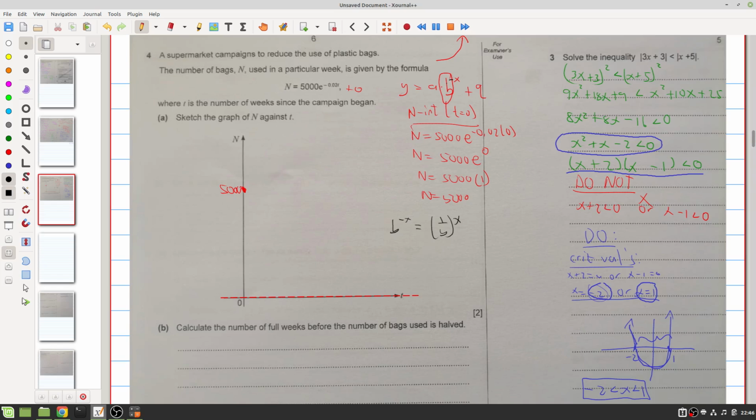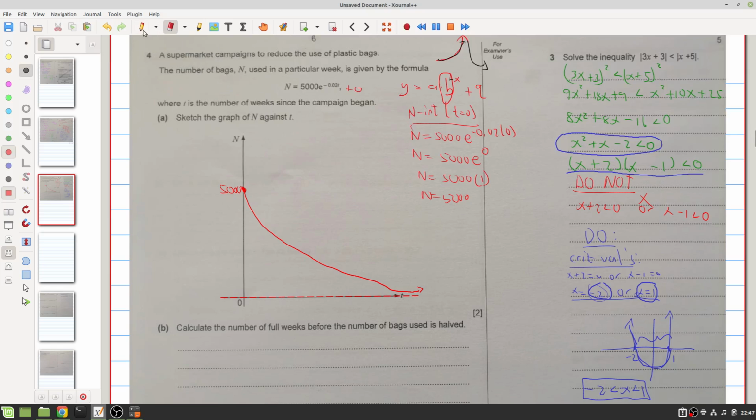So this -x actually changes this around. So instead of going up, it's going to be going down. So our graph is going to look like this. It's going to be a decreasing graph, something like that. Okay, there's our graph. So it's exponential going down, down, down, but it never touches the x-axis because that's our asymptote.